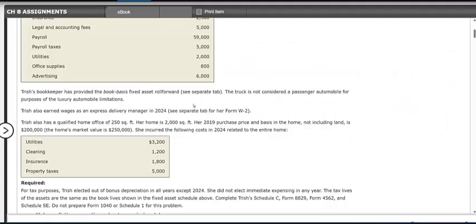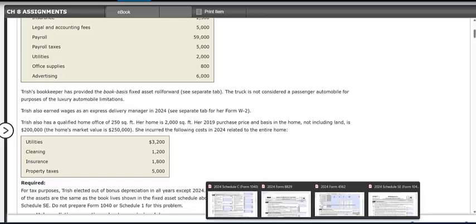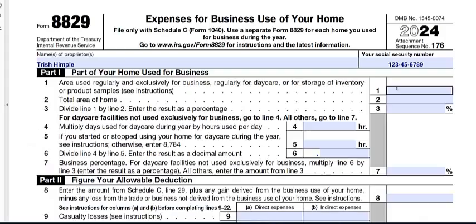If we go back and look at our assignment, it said that Trish uses 250 square foot of her home. Her home has a total of 2,000 square foot. If we divide 250 by 2,000, that's 12.5% of her home that she uses for business purposes.